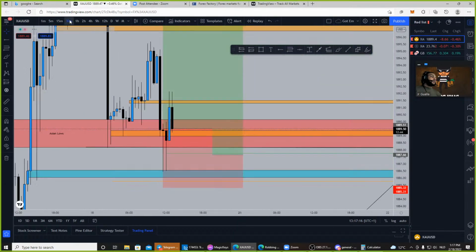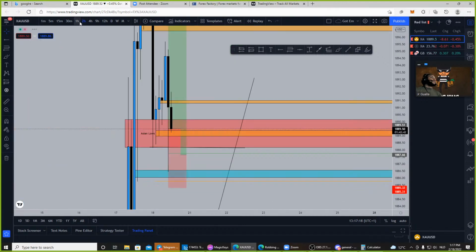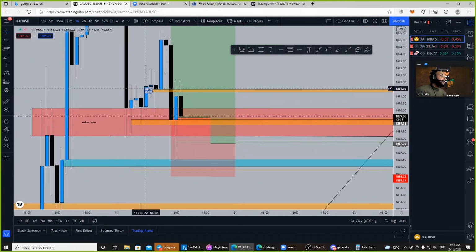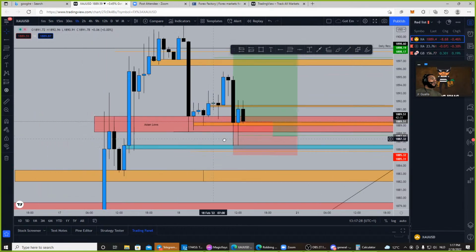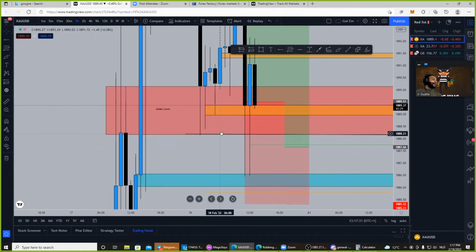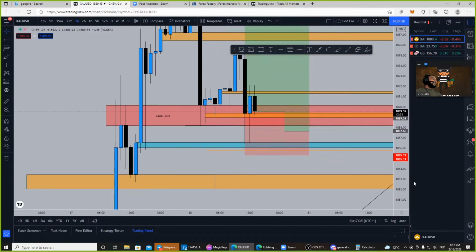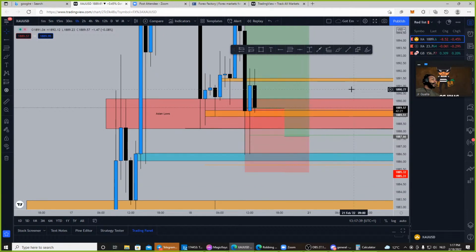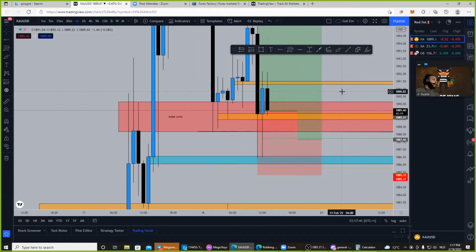I'll look at it. Okay, so now the 1-hour needs to respect this whole thing. But I'll tell you one thing that I am gonna do. If I do lose this trade, it's actually break even. So this position, my 5-minute position, I'm gonna put this at BE.